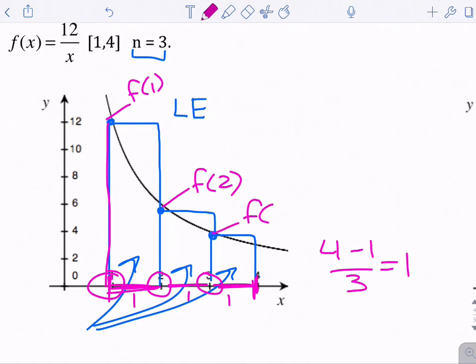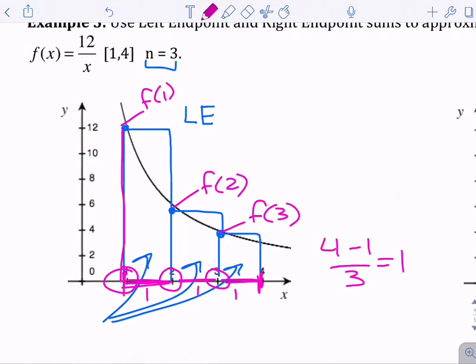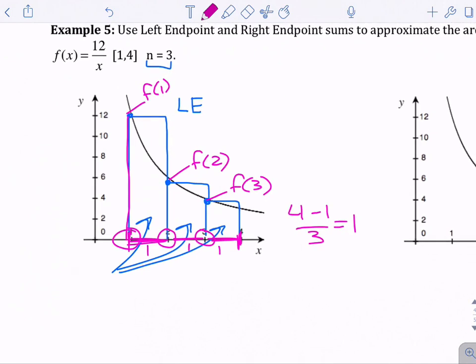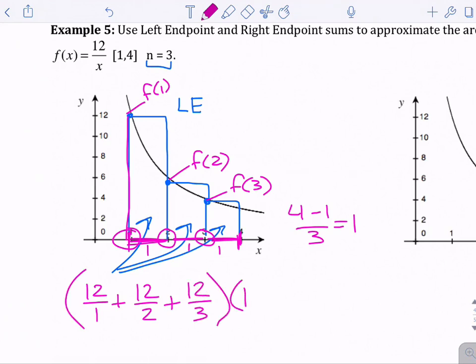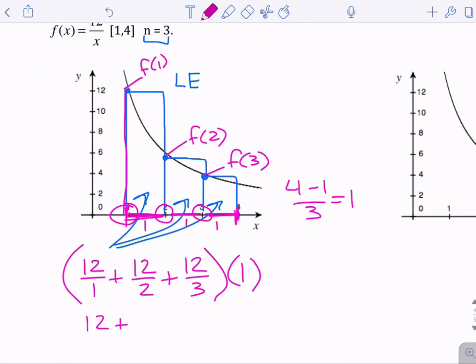And this height will be f of 3. Okay, so we can find those heights then by plugging it into the function 12 over x. So basically, we're going to want to do 12 over 1 for f of 1, plus 12 over 2 for f of 2, plus 12 over 3 for f of 3, and then multiply all of that by the width of the rectangle, which is 1. Okay, so ultimately here we have 12 plus 6 plus 4 for a total of 22.